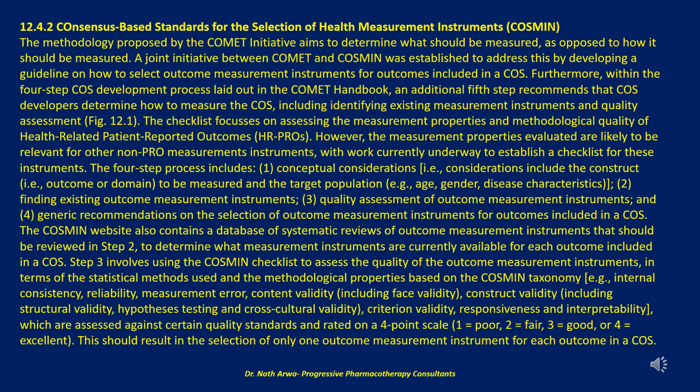Conceptual considerations, i.e., considerations include the construct, i.e., outcome or domain, to be measured and the target population, e.g., age, gender, disease characteristics. 2. Finding existing outcome measurement instruments. 3. Quality assessment of outcome measurement instruments. And 4. Generic recommendations on the selection of outcome measurement instruments for outcomes included in a core outcomes set.